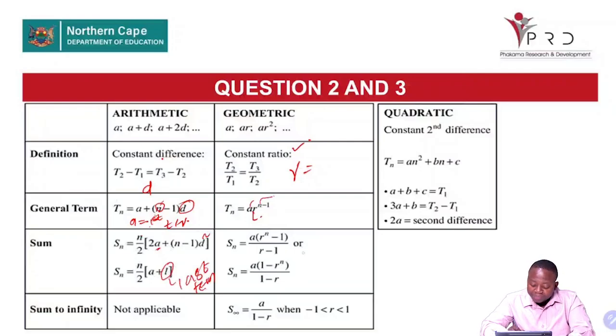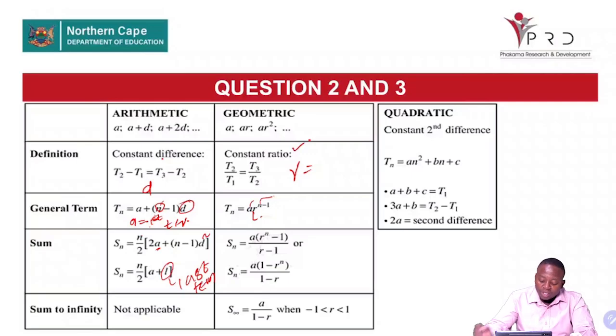On the geometric, we have Sn equals a into (r to the power n minus 1) all over (r minus 1), or Sn equals a into (1 minus r to the power n) all over (1 minus r).